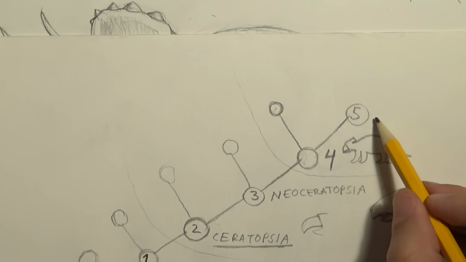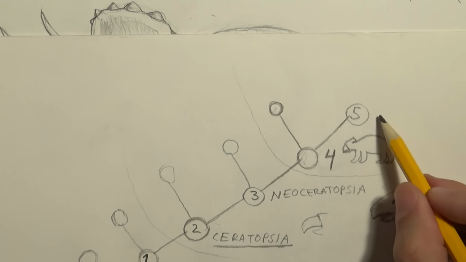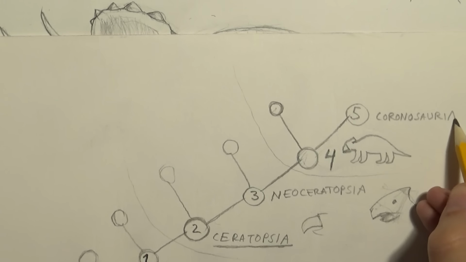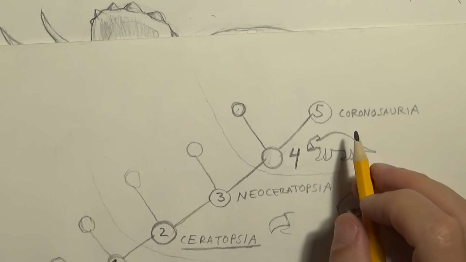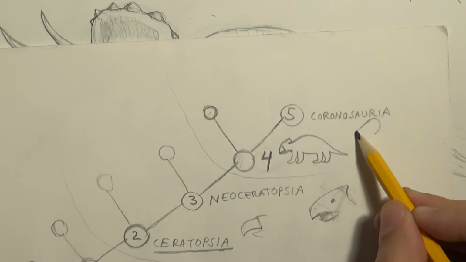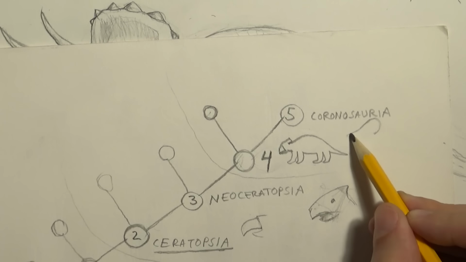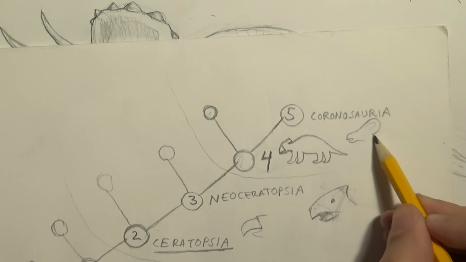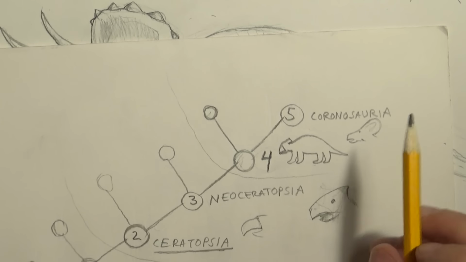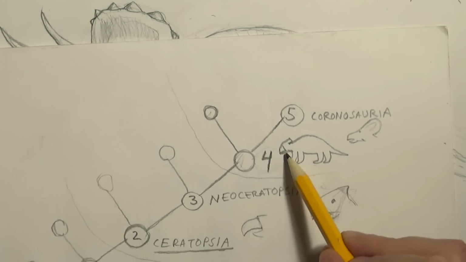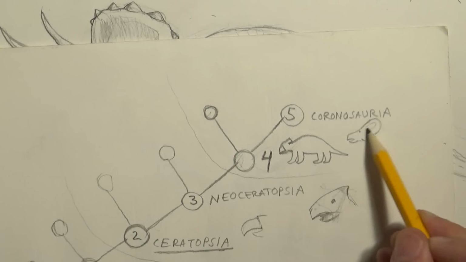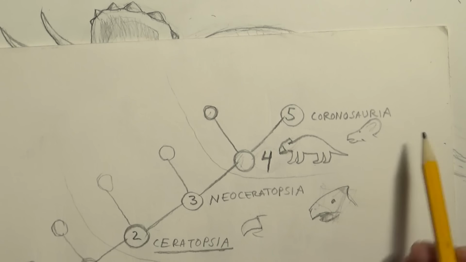The fifth group is the Coronosauria. And a new feature for them was the enlarged frill. Still no horns, though. Also enlarged skull, because I guess the skull also grew bigger here as they became quadrupedal.